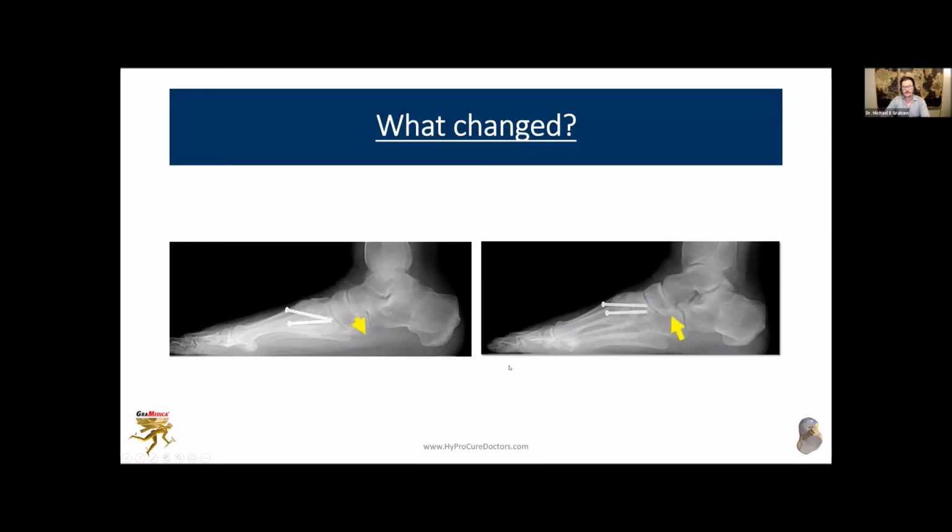Okay, so all of that begins because the talus is partially dislocating off of the calcaneus. Now, the original surgeon, he again was trying to do his best, and he understood that this patient has a misaligned hindfoot, but rather than simply inserting HyProCure into the sinus tarsi to realign the hindfoot, he performed a medial calcaneal osteotomy.